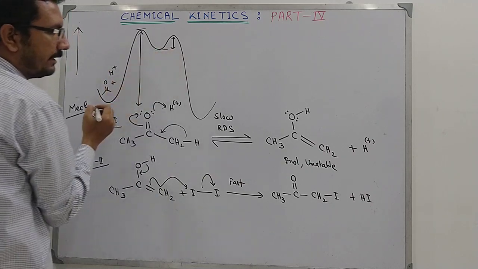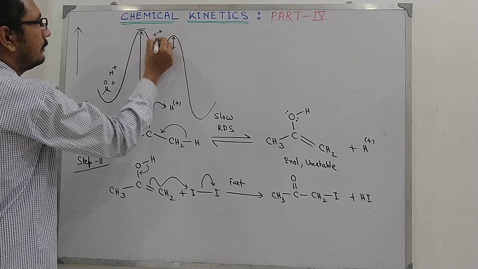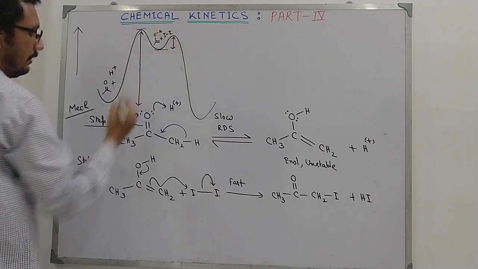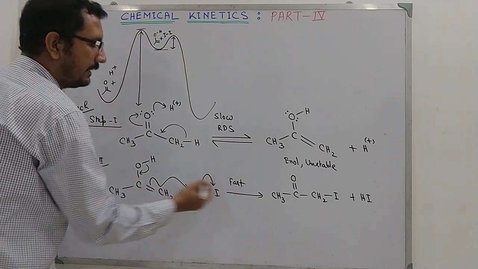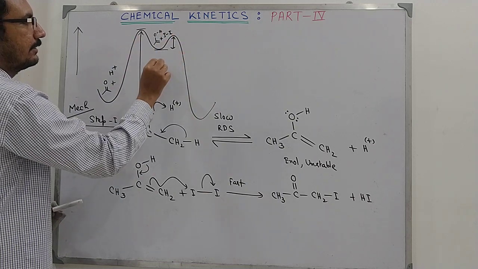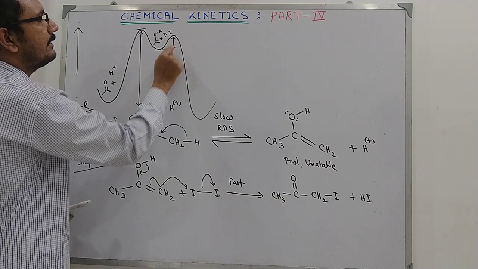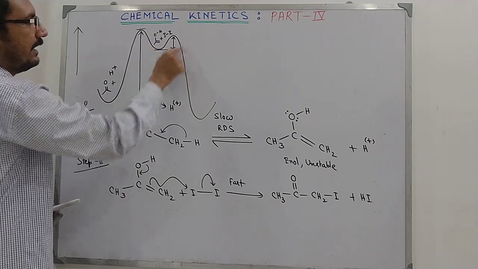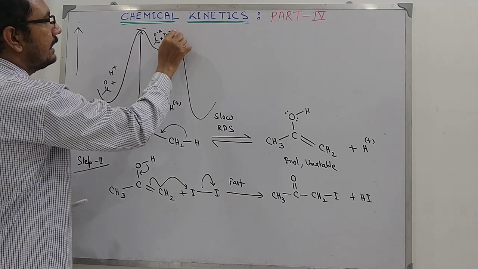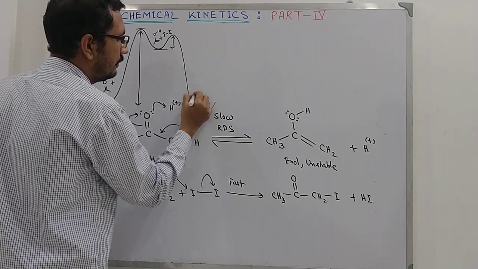But in the small step, that is when we have the enol, this I2 is appearing. So this iodine is appearing in the step where the barrier is very low and thermal energy is sufficient. There is sufficient amount of thermal energy and this barrier is negligible. So this rate is not finding any contribution of iodine. And finally we are getting the product.